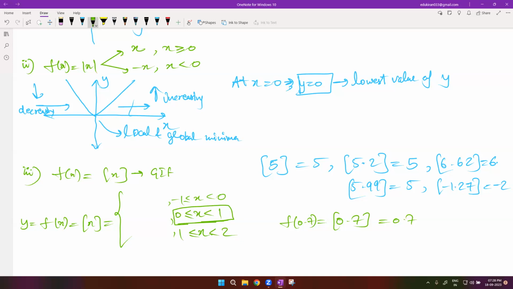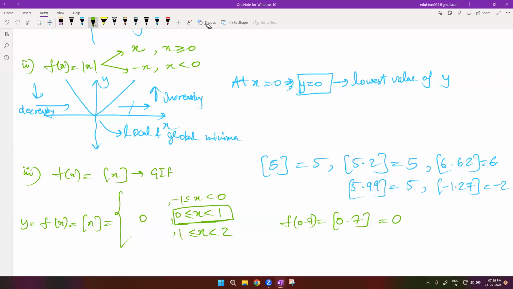Oh, sorry, my bad. I was explaining actually the fractional part of x. My bad. What should be the GIF of 0.7? It should be 0. GIF of 0.7 must be 0, right? So between 0 and 1, the greatest integer function of x is 0.